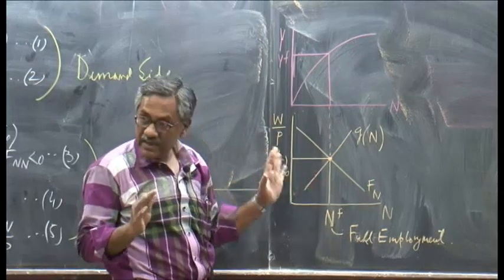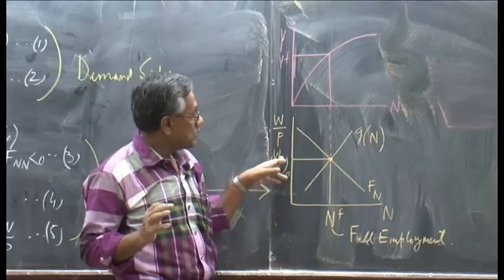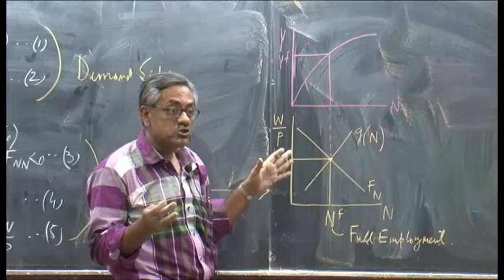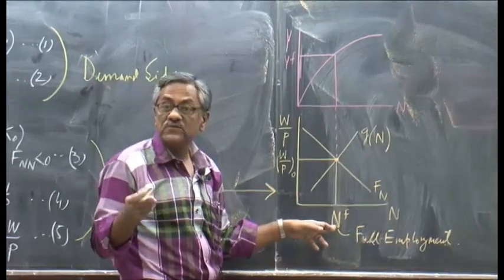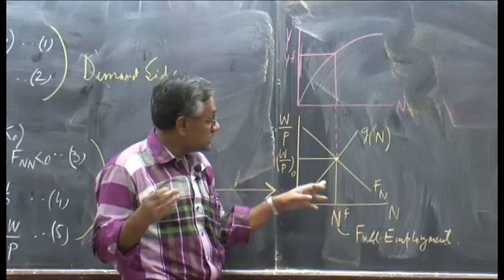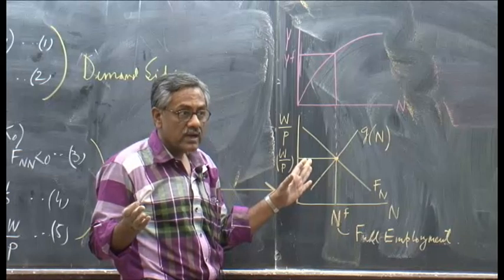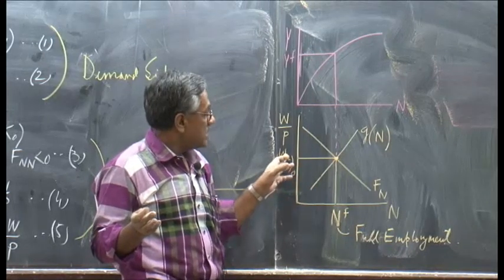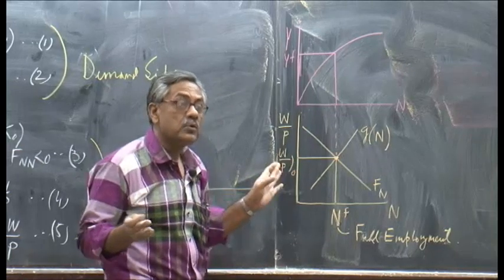So what is happening in this model, therefore, the story is, if W over P has to become a constant in this model, employment has to become constant, which is at the full employment level. There's nothing in these lines that will change. All right? Then, if either of these variables, W or P, changes, the other variable must change proportionally.